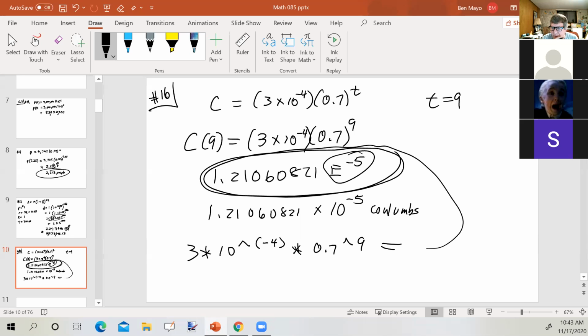Can you get that to work out okay? It keeps on giving me a weird answer. What is it giving you? 0.0000121106. Okay. So do you remember what scientific notation is? Yeah. Where you use powers of 10.